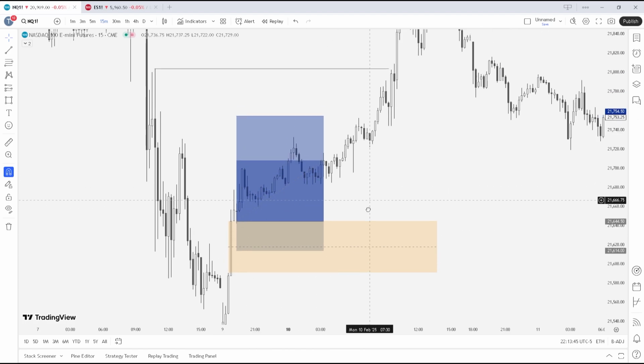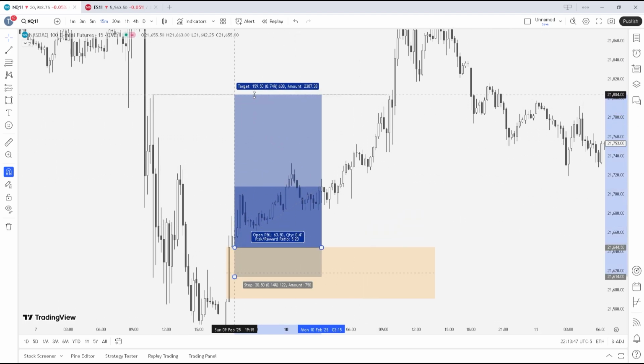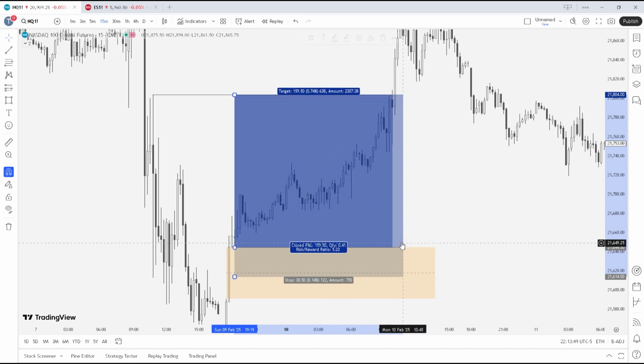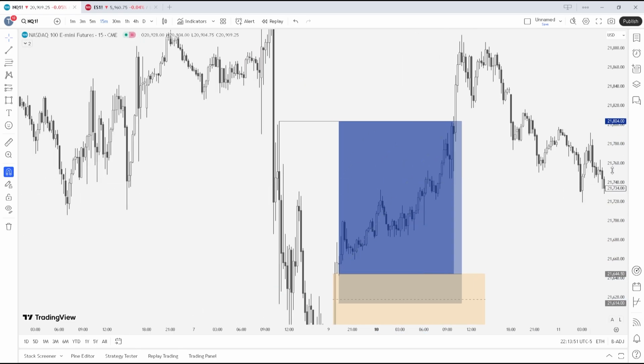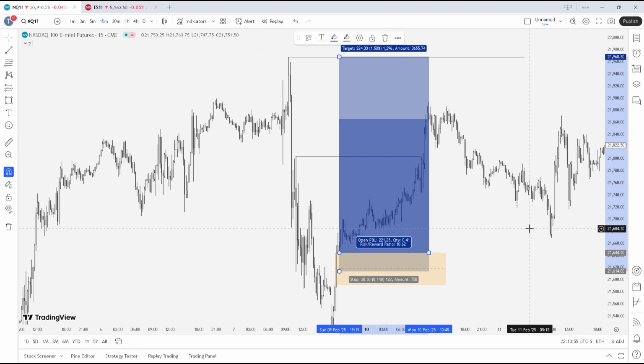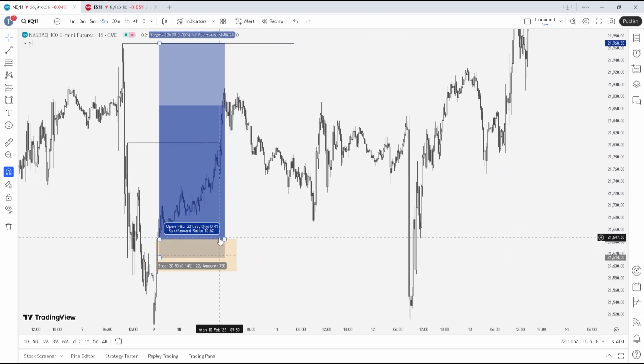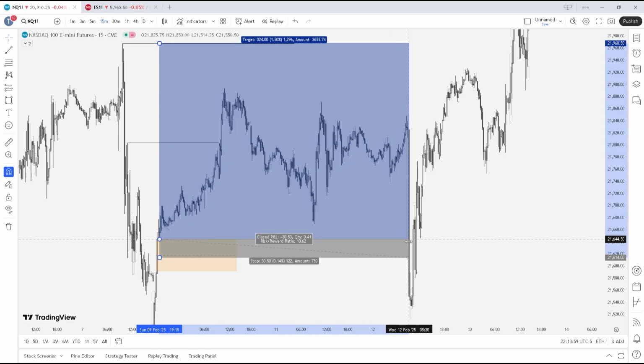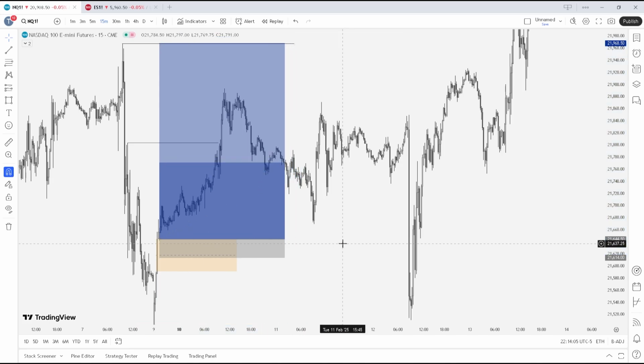So you could take something like this, target the intermediate term high, and that would have played out 5.23R, or you could target the external range high, which I'm not sure if it did play out, and you would have gotten stopped at break even or at a loss, depending on how you manage your position.